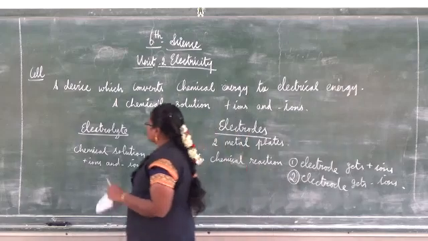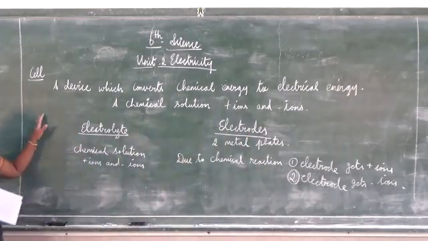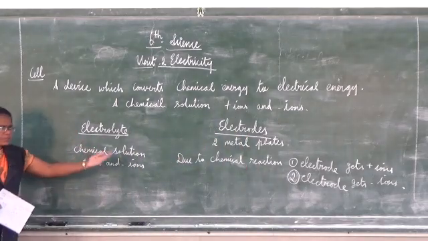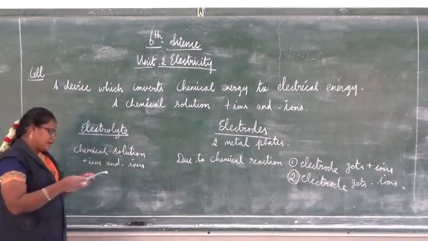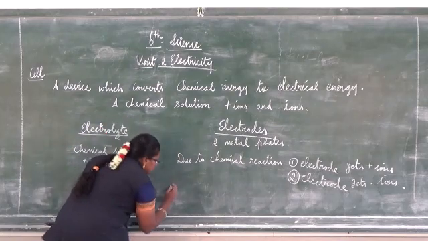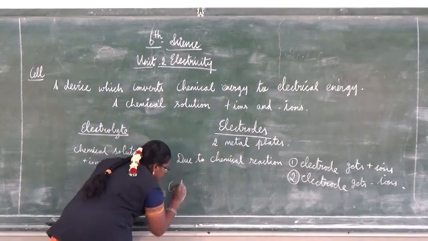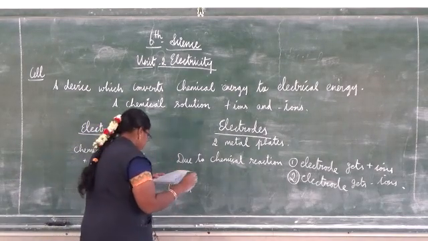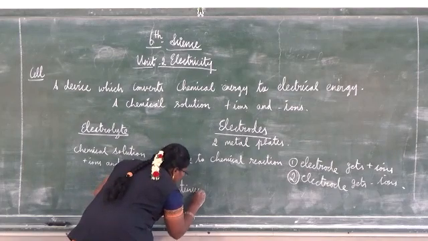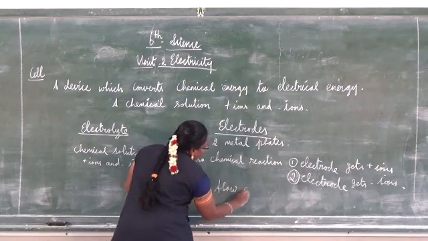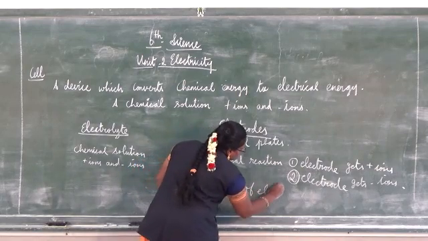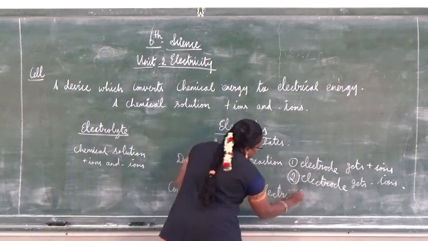So this is what happens inside the cell. Then this chemical energy leads to the continuous flow of electric current.